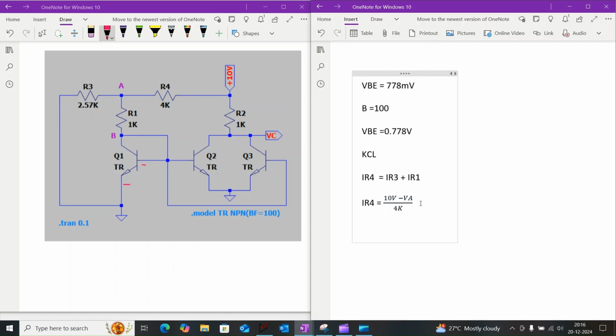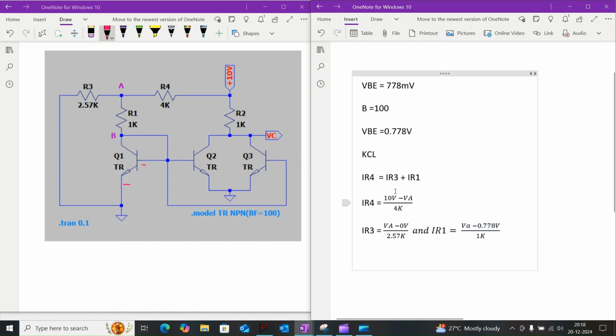Similarly, the current across the resistor R3, IR3, is equal to the voltage at node A, that is VA, minus 0 volt, since the other terminal of the resistor is connected to ground, divided by 2.57K. And similarly, the current across the resistor R1, that is IR1, is equal to VA minus 0.778 volt divided by 1 kilo ohm.